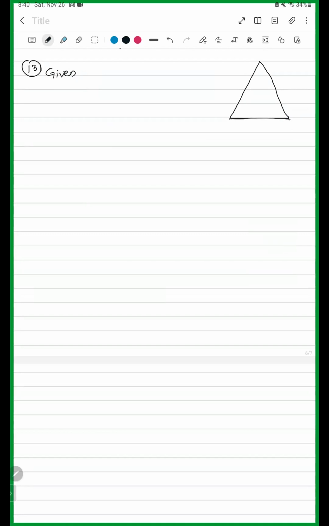But once you reach ninth grade, you have to write given on the left hand side. Given, what do we have given? Whatever this triangle is, let's say ABC is isosceles, so AB is equal to AC. You will write whatever information is given to you in the question itself. That's called given. Then you have to write to find.